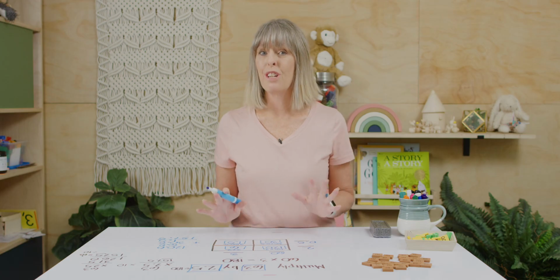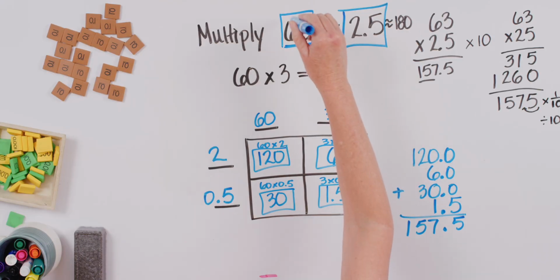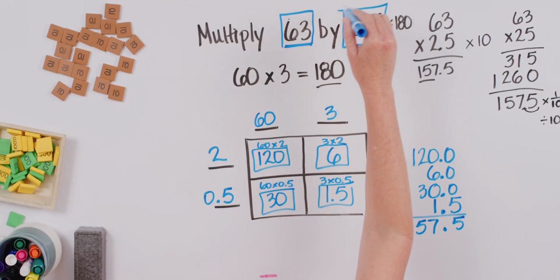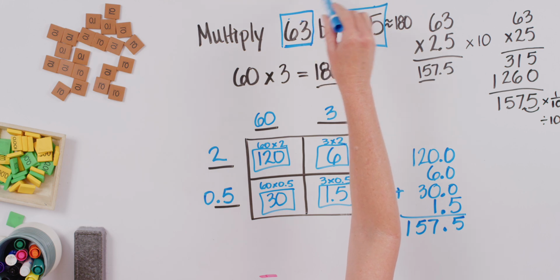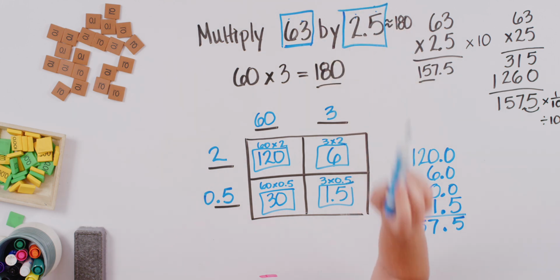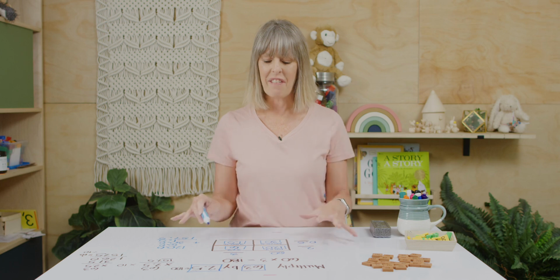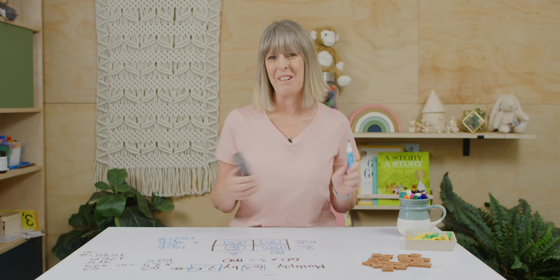Our area model shows when we go to multiply, we need to multiply our 60 by our 2 and by our 5/10, as well as our 3 by our 2 and our 3 by our 5/10 also. So this is kind of a fun, different method you could use also.